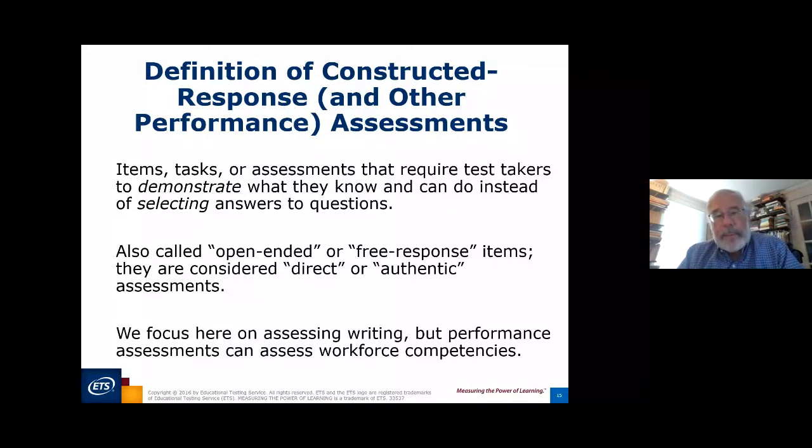And so one thing to keep in mind is anything I say about scoring guides for the test we're looking at today can be applied by principals to any kind of performance assessment. And yesterday afternoon, I sent a document called Guidelines for Best Practices in Constructive Response and Other Performance Assessments, and you can read that. It's also on the ets.org site.